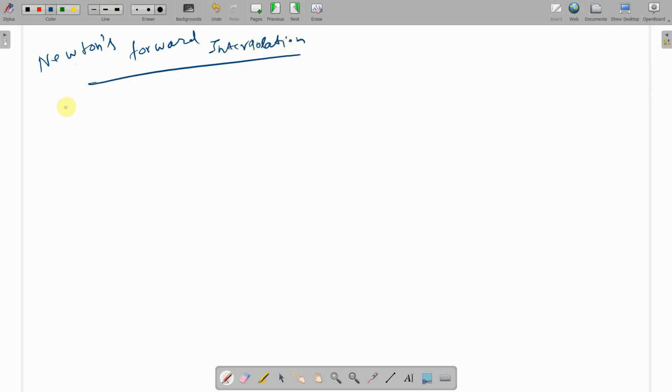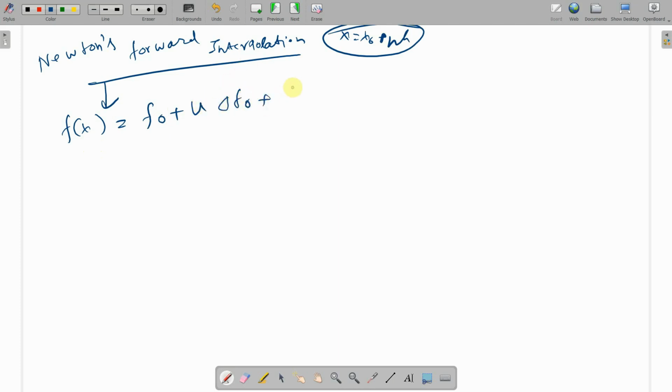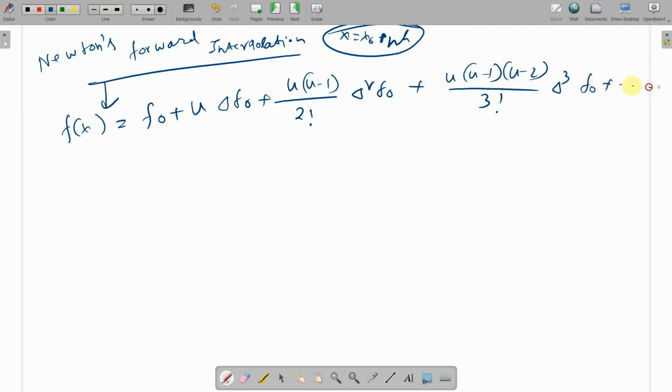In Newton's forward interpolation formula, we know that f(x) equals f0 plus u delta f0 plus u(u minus 1) by 2 factorial delta square f0 plus u(u minus 1)(u minus 2) by 3 factorial delta cube f0 and so on, where you can consider x equals x0 plus uh.